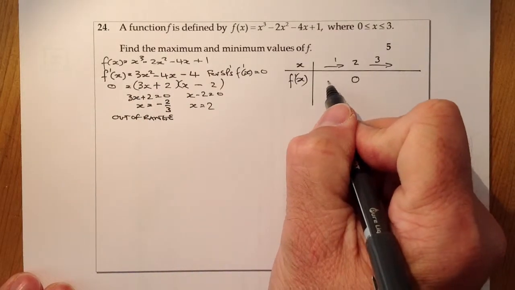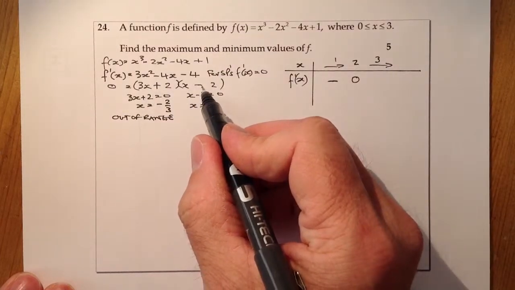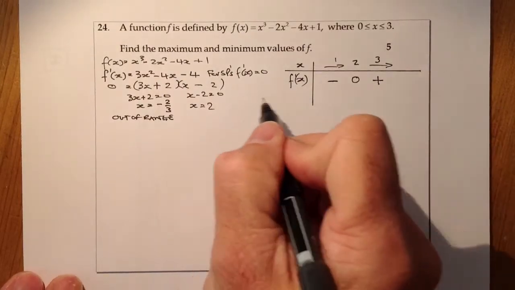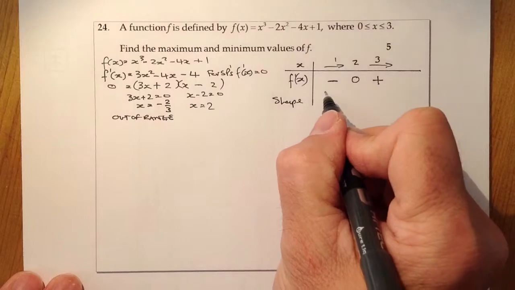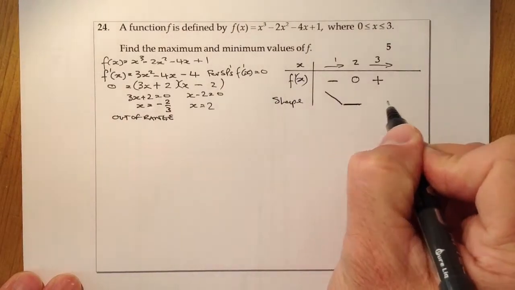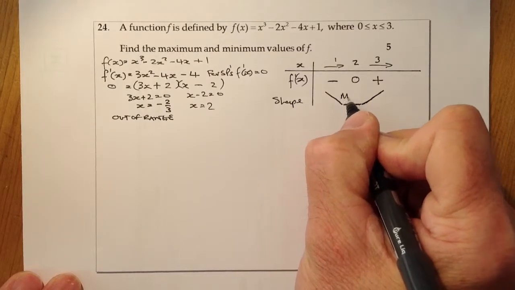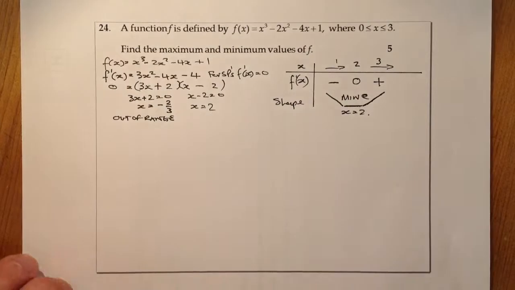And I'm going to get a negative if I substitute 1 into this here, and if I substitute 3 in, that's going to give me a positive value that's there. Okay, so the shape of the curve at the point where x is equal to 2, it's going to be negative. It's then going to be flat, and then it's going to be positive. So that's going to be a minimum, and that's at x equals 2.